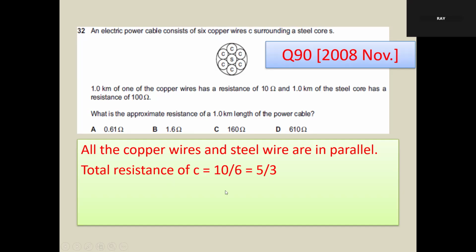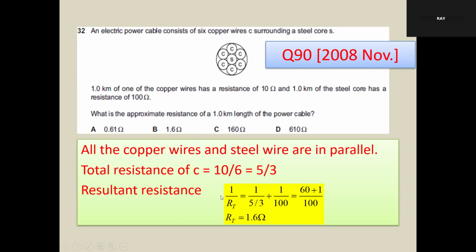So it's 5 over 3. And the resultant resistance, in parallel, is 1 over 5 over 3 for copper wire, and then 1 over steel, 100. Then work it out with your calculator. Okay or not?